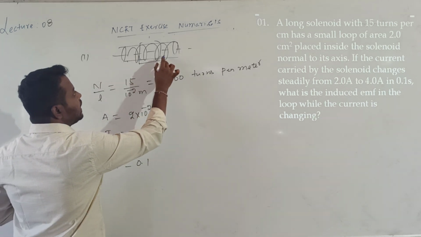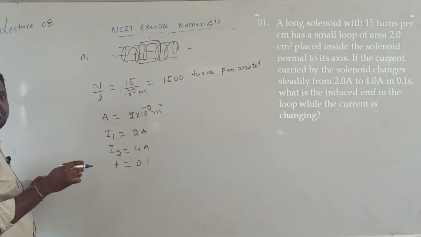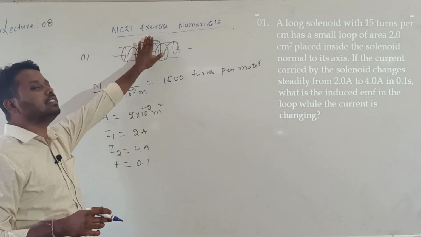Now this loop is placed in the solenoid, so the plane of the loop is normal to the axis of the solenoid.